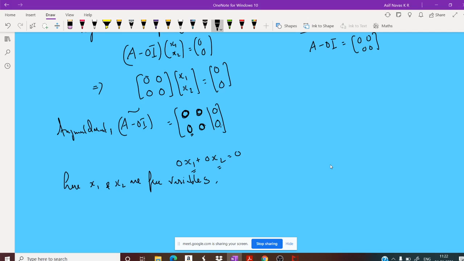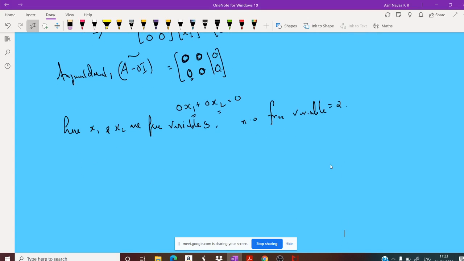We can choose any values for x1 and x2, right? How many free variables are there? The number of free variables is 2. So we can find two linearly independent eigenvectors.